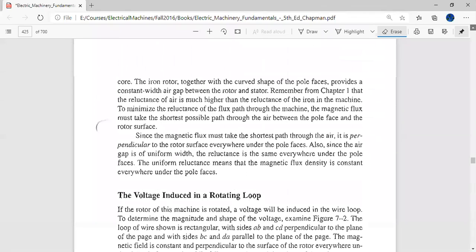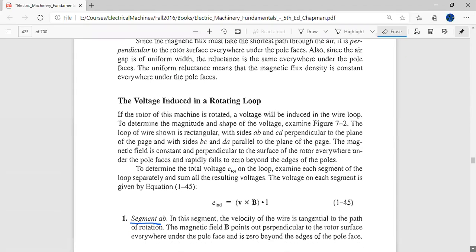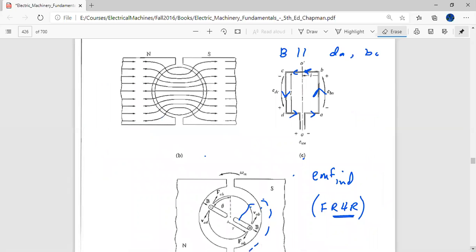So what is the direction of V cross B? So if we look again at this figure, sorry, it's downwards. So if we look at this front end view, we want to find the direction of V cross B for segment AB. What is the direction of V cross B?